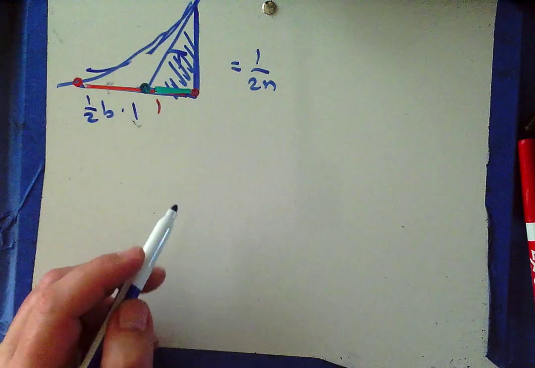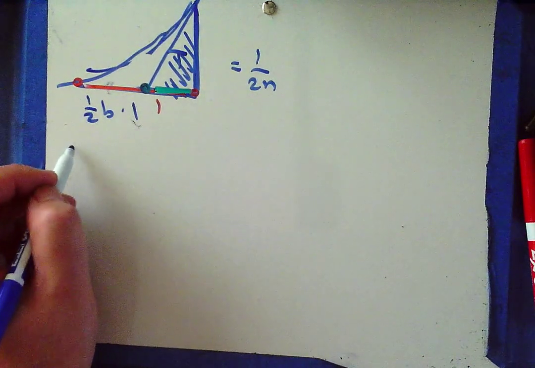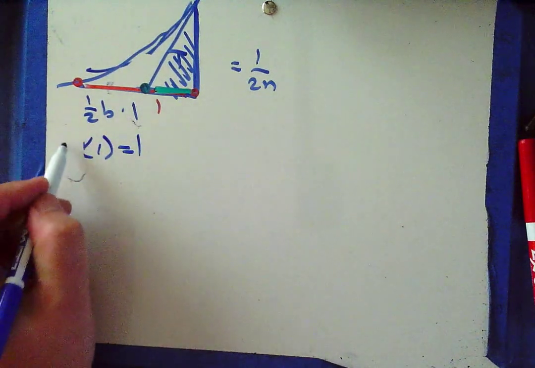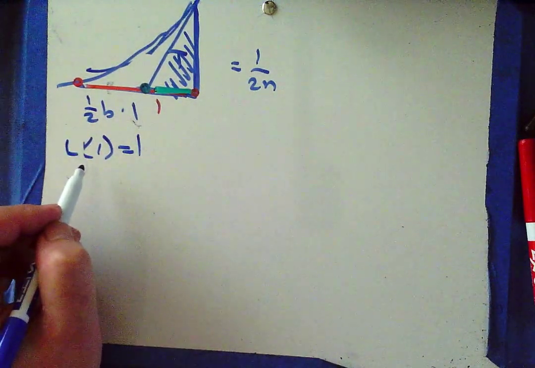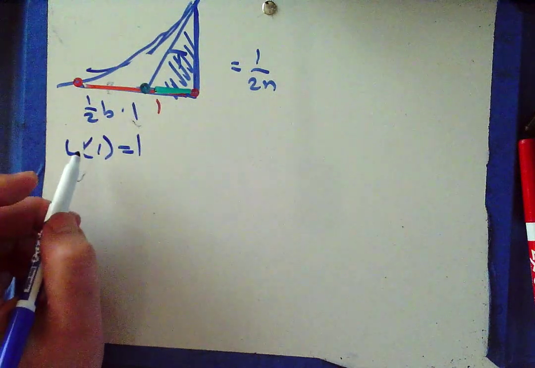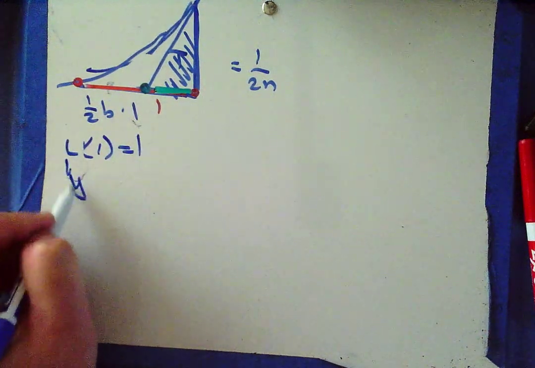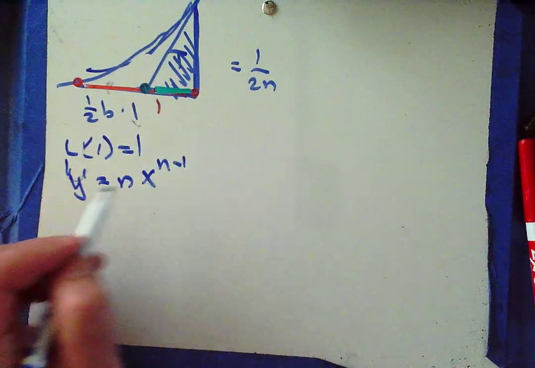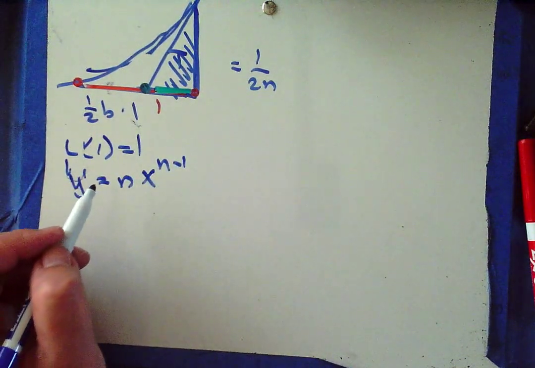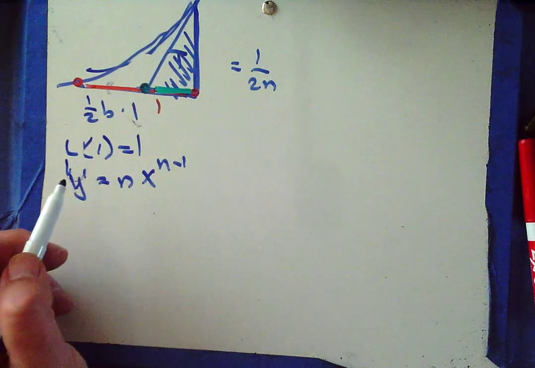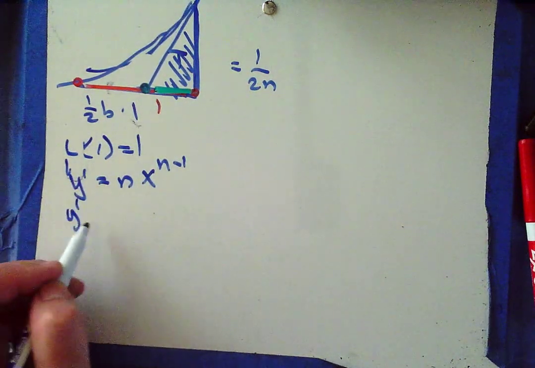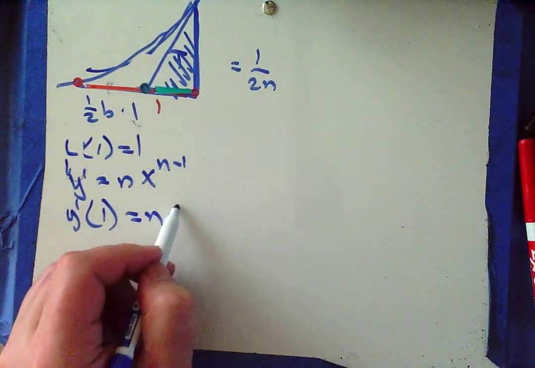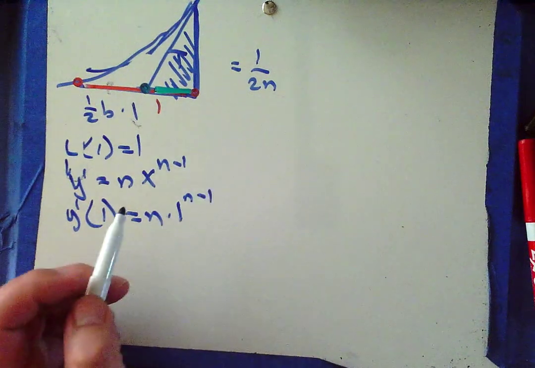Okay, so what do we know about the tangent line? The tangent line passes through the point 1, 1. And what do we know about the slope of that tangent line? y prime equals nx to the n minus 1. Yes. And if I want y prime of 1, I've got n times 1 to the n minus 1.